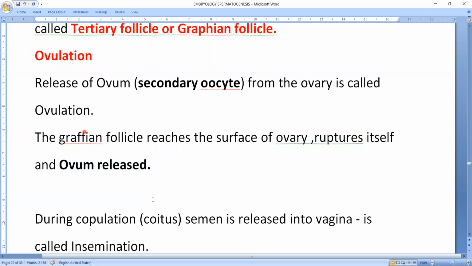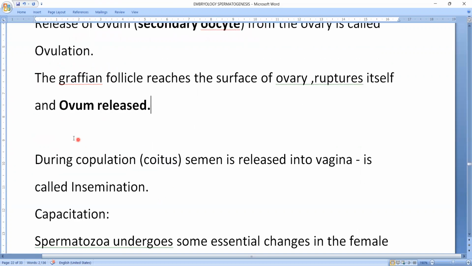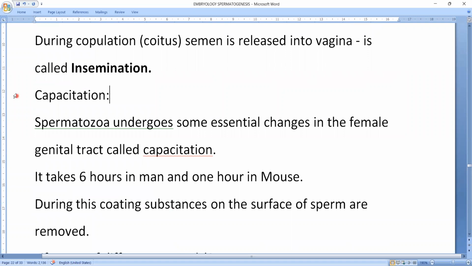Okay, the ovulation. Then, during copulation, the semen is released into vagina. That is called insemination. Then another important term called capacitation.